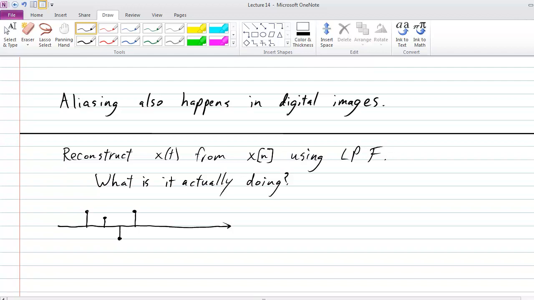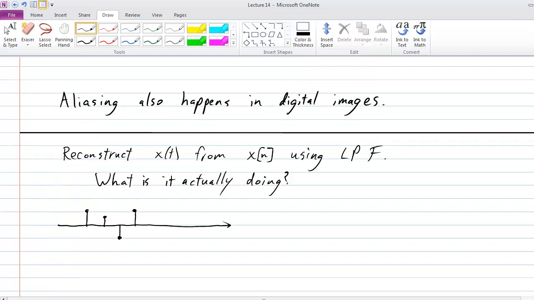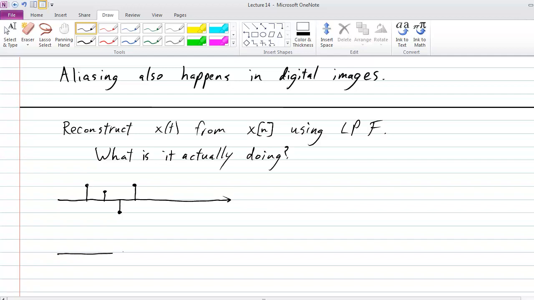And we said the way we do that is a low-pass filter. But conceptually, what we actually had to do was convert this to the continuous time equivalent of that signal with delta functions, where this was zero, that was the sampling period, 2 times the sampling period, 3 times the sampling period. And then we low-pass filter.